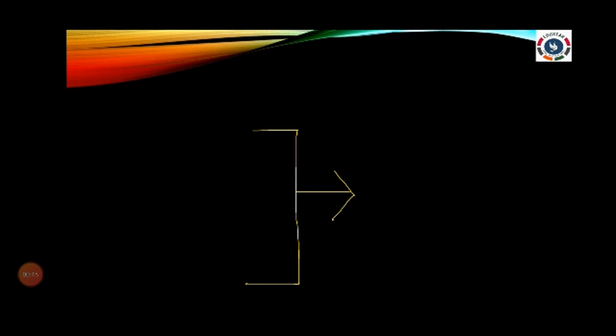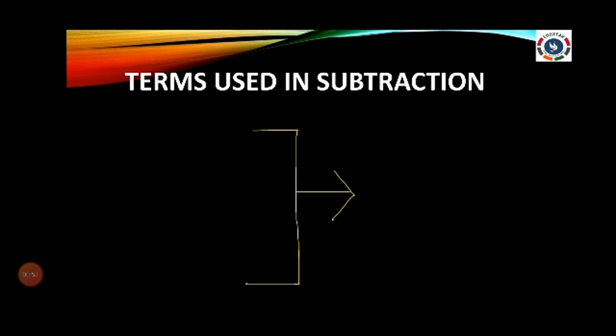Already we used so many words in addition. Like that we use some words in subtraction also. So now you see here the terms used in subtraction. Difference: while subtracting two values, the result we get is the difference. Minus is also a word related to subtraction. Less than: whenever you are subtracting two values, if you find the words less than, you have to subtract the values.